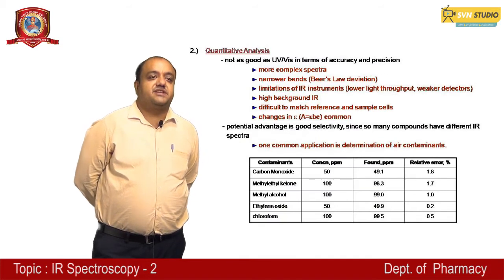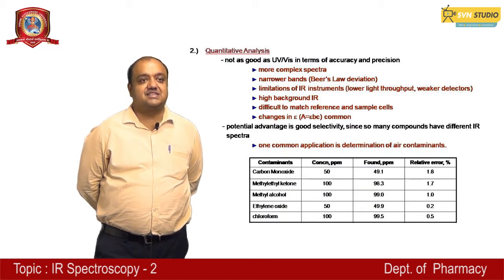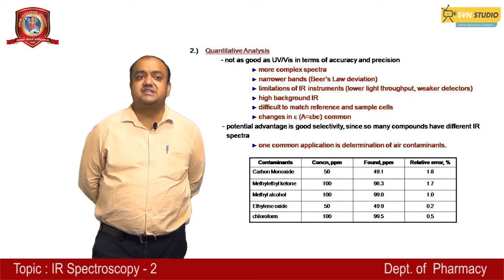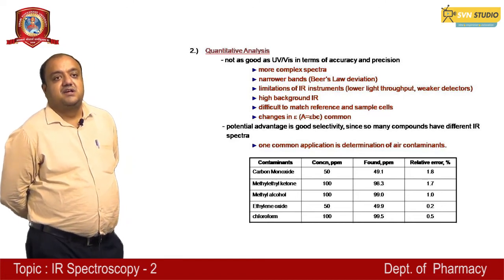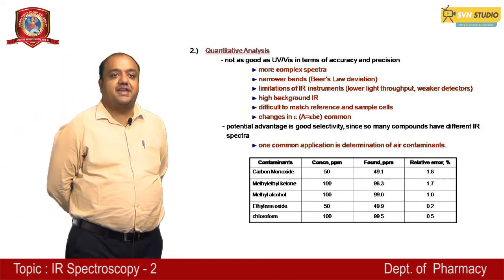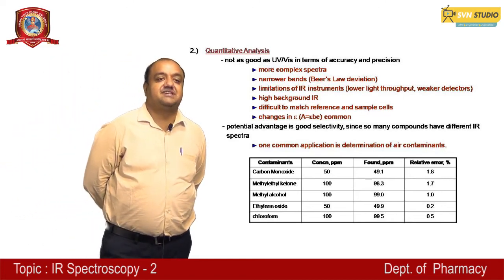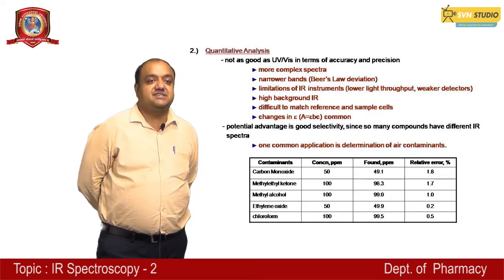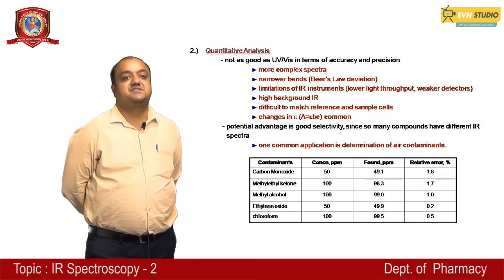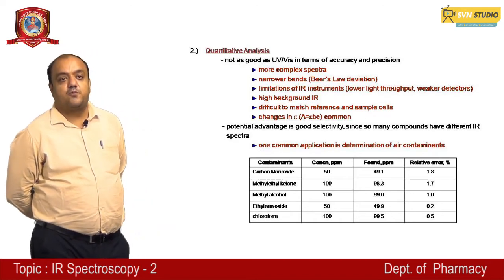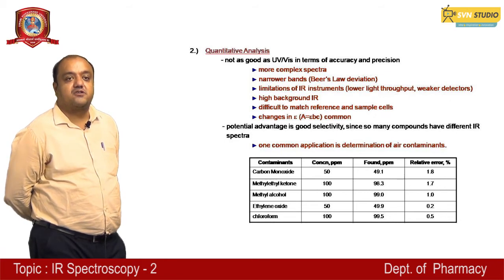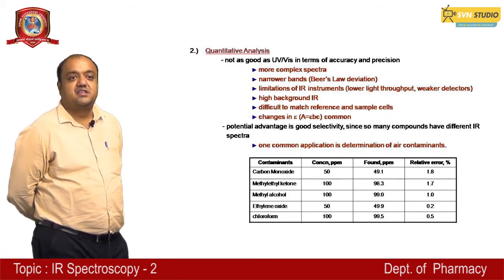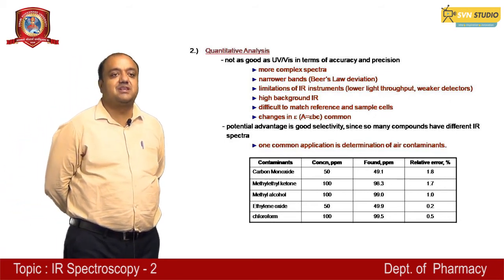And in quantitative analysis, IR is not as good as UV-visible in terms of accuracy and precision. There are more complex spectra and narrower bands, like Beer's law deviations, and the limitations of IR instruments are lower light throughput, weaker detectors, high background IR, and difficulty matching the reference and sample cell.